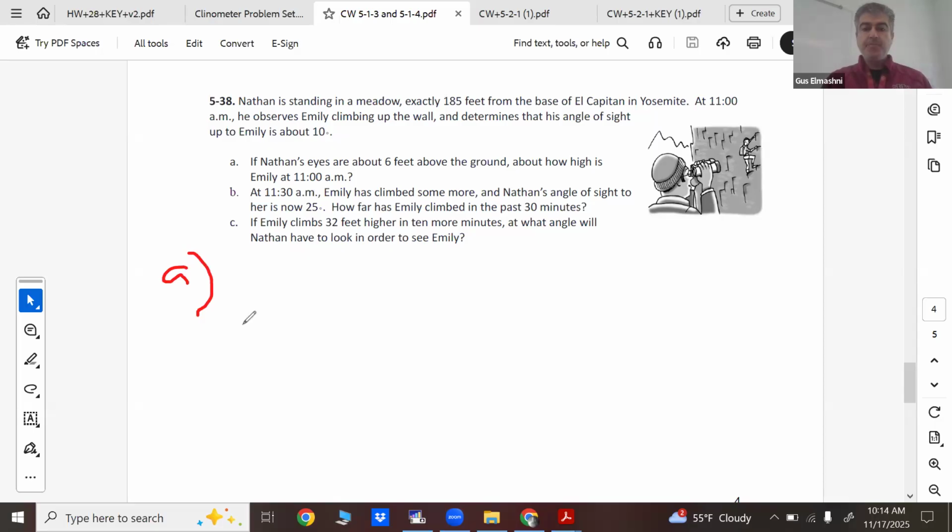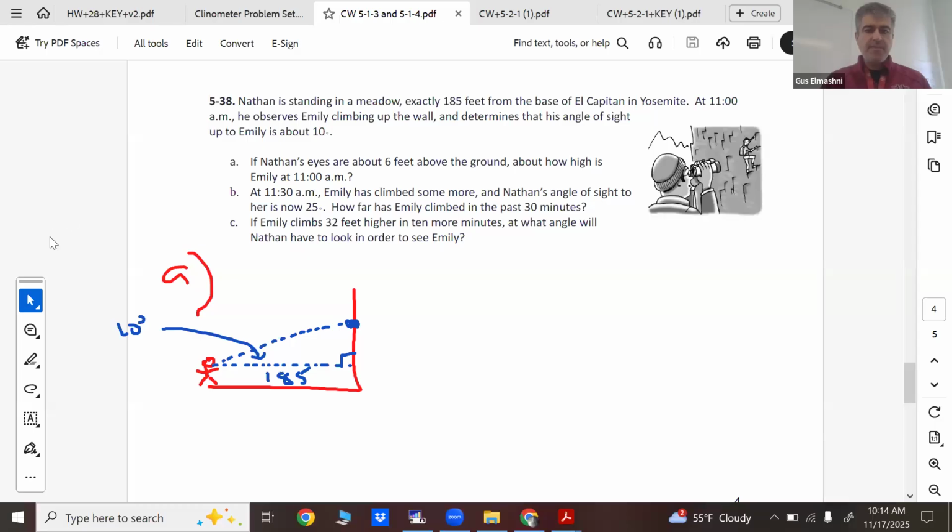So for part A, I kind of draw it like this. Here's Nathan, little stick figure, and we'll say his friend is over here. There's a little right triangle. He's staying 185 feet away from the base of the mountain, and that's at 10 degrees.